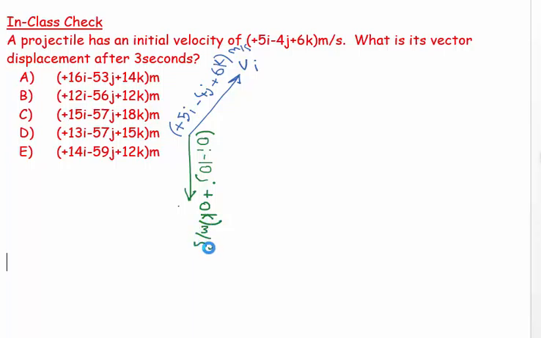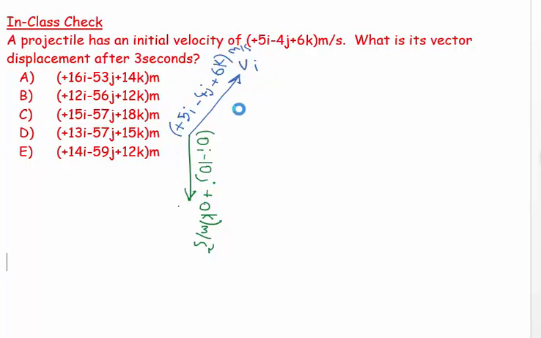Now hold on, how did I know that? Well, I know that the acceleration due to gravity is 10 meters per second squared, and it points downwards, and downwards is the minus y direction, so minus 10j is the vector notation for that.